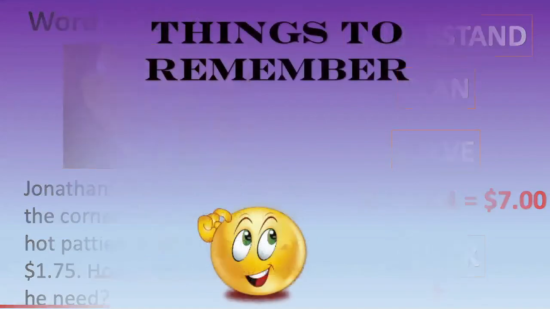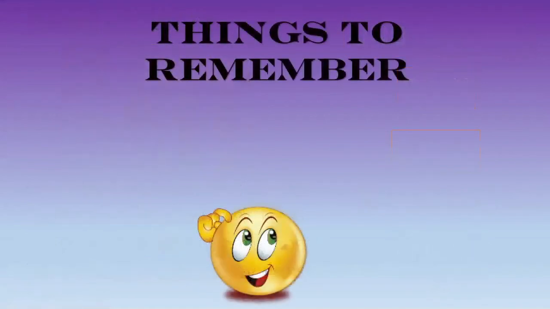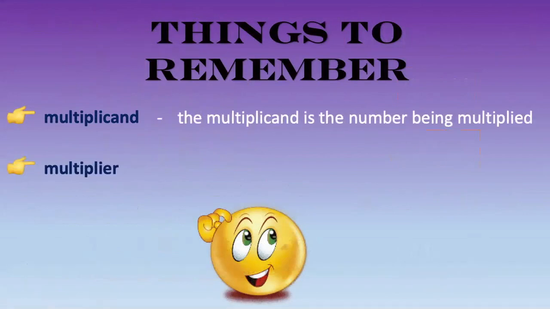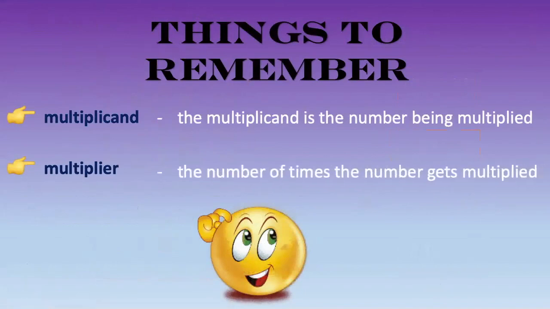Now let's look at some important things to remember. Do you remember the definition of multiplicand or multiplier? Well, let's look. Remember, the multiplicand is the number being multiplied, and the multiplier is the number of times that number gets multiplied.